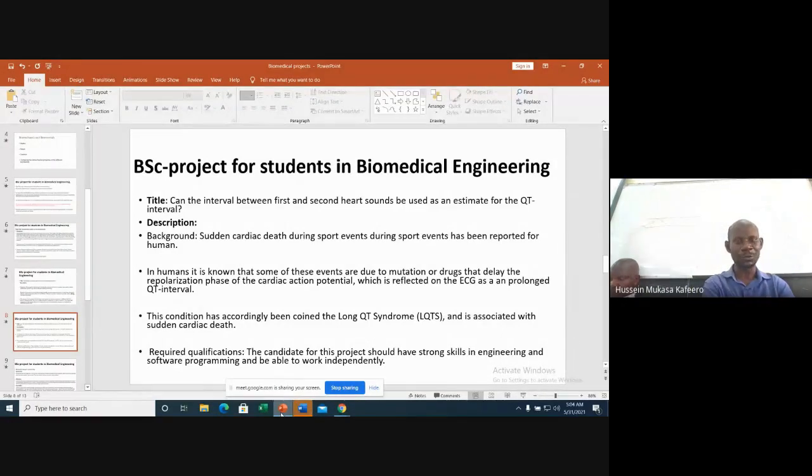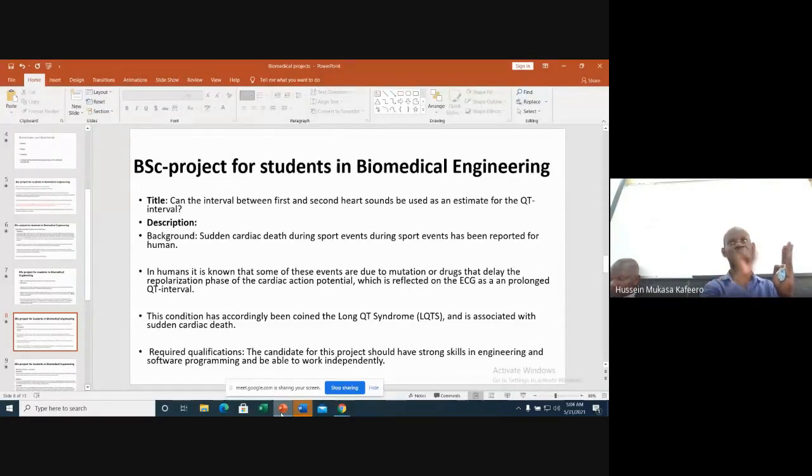Can we determine the interval between those two, which would tell us about the functioning of the heart? Can we determine the interval between the first and second heart sounds and use it to estimate the QT interval? I don't know if you remember the QT.